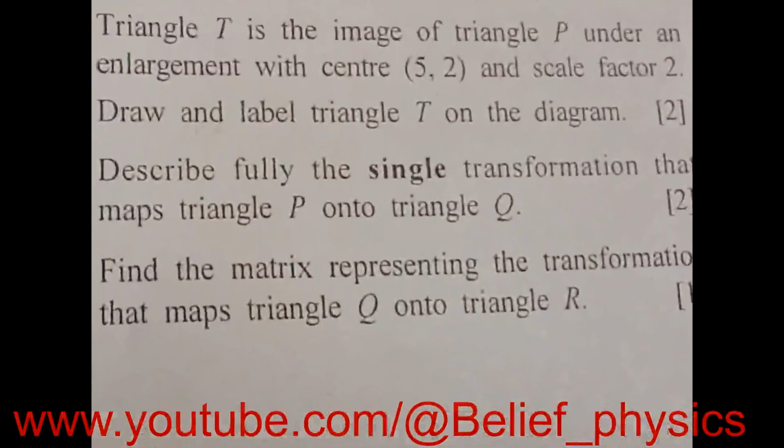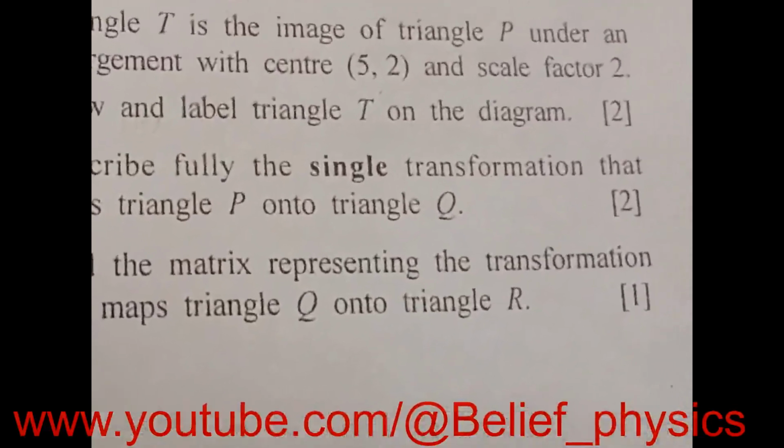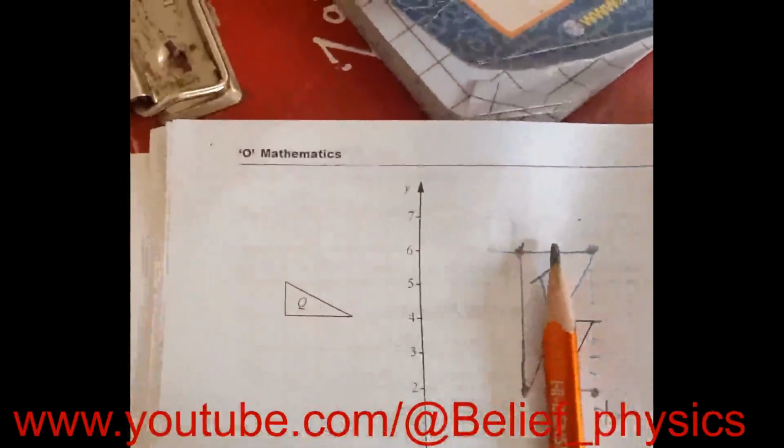Now we have to describe fully the single transformation that maps triangle P onto Q. This is Q. Q is the image of P under some transformation. Now look here, it is quite easy. If we rotate this object 90 degrees, then this line will be here.